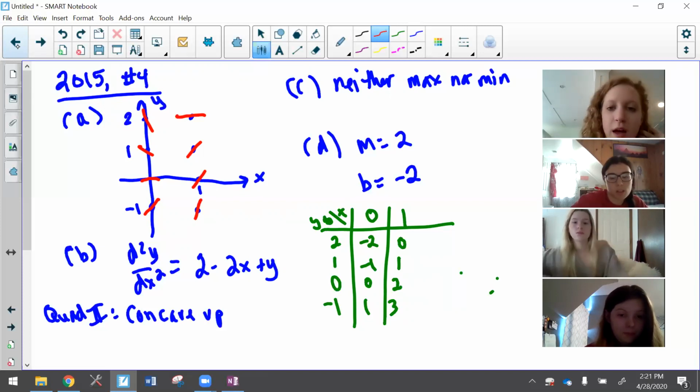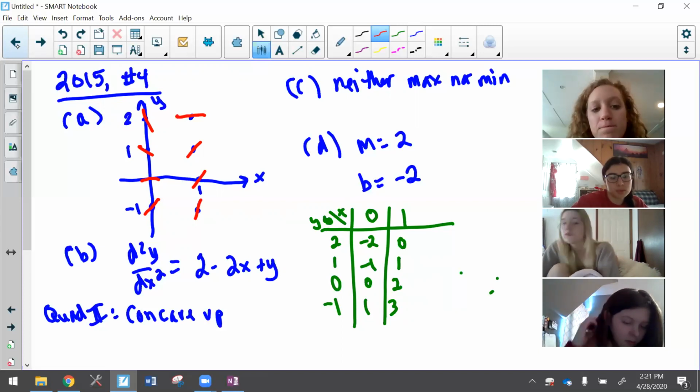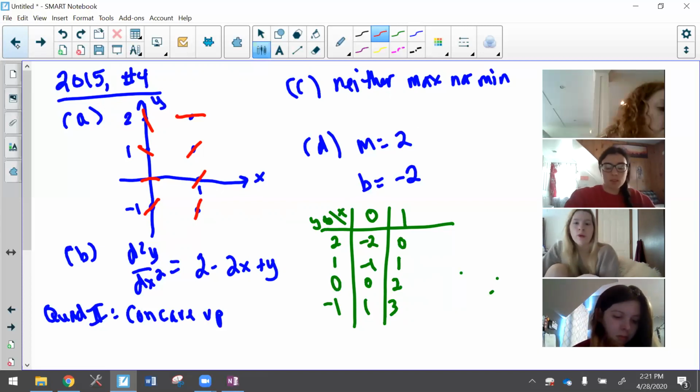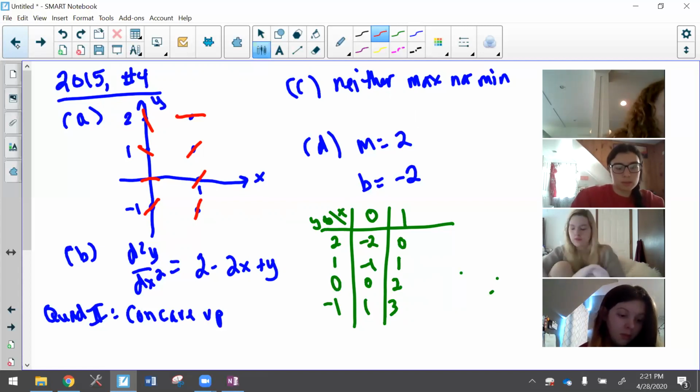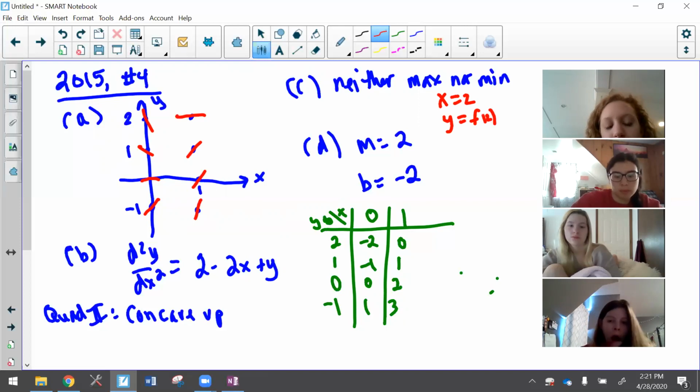Is C neither a max nor a min because of the critical point at 1? Or what was your way of... So I know what my values of x and y are. I've got x equals 2 and y, which is f of 2, is equal to 3.